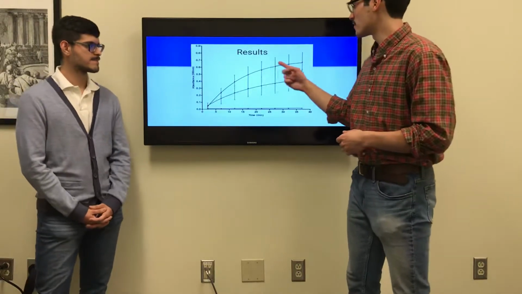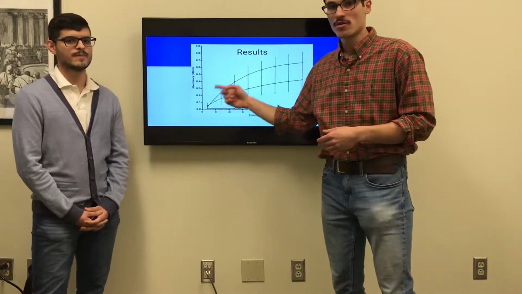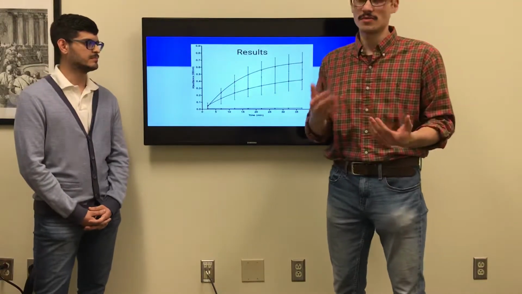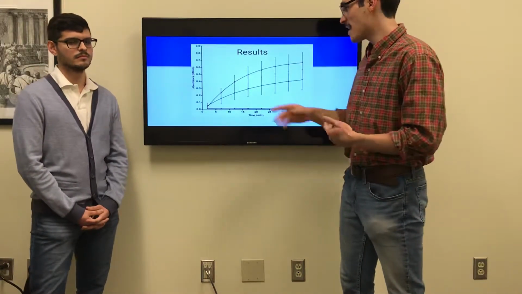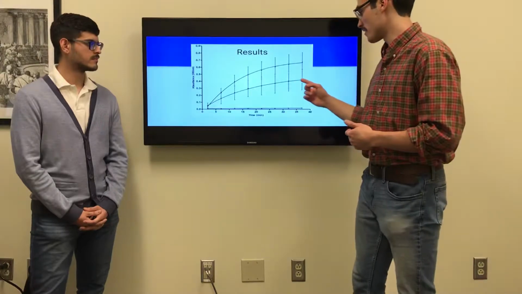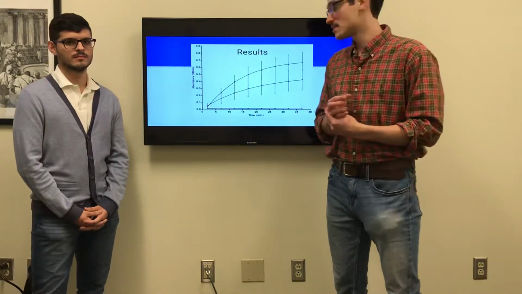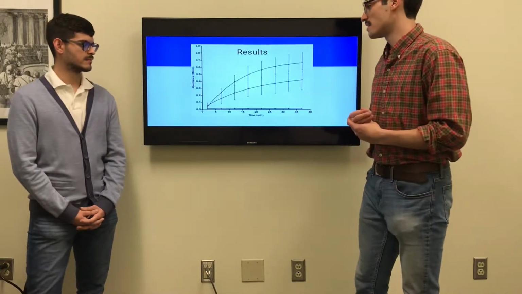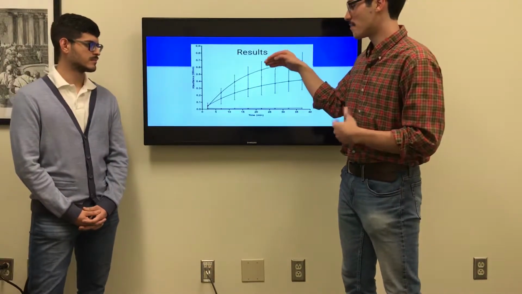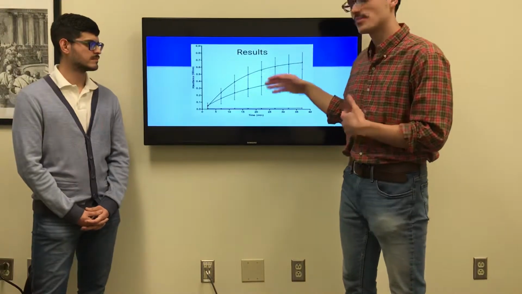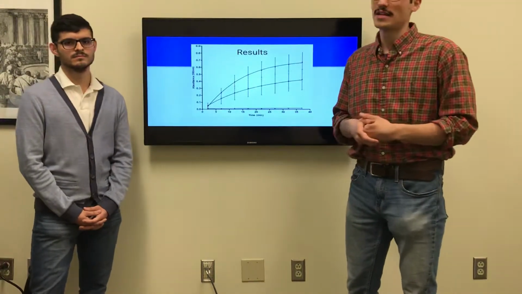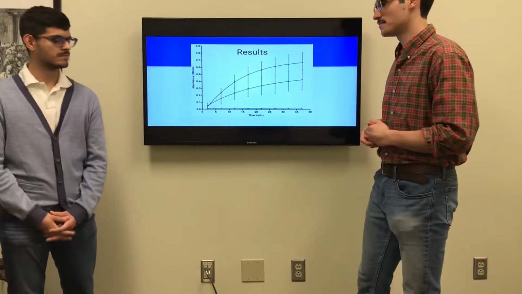This big curve is when there is no orlistat or alginate, so it was the control. And this line here shows where alginates were present, and it shows that pancreatic lipase was inhibited similarly to how orlistat inhibits it.